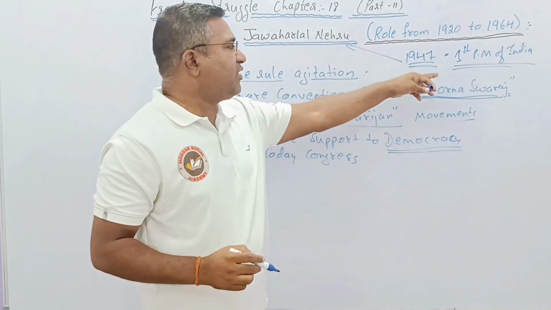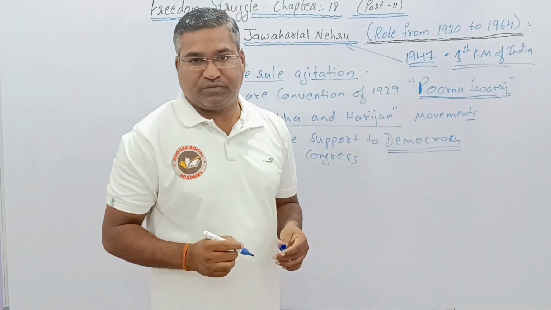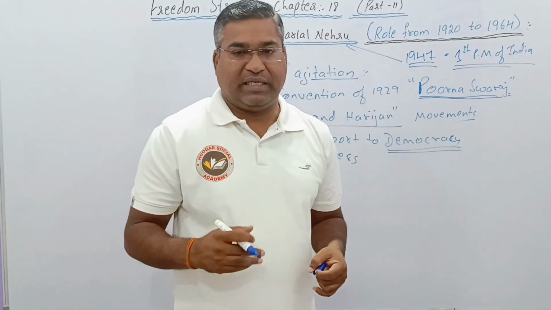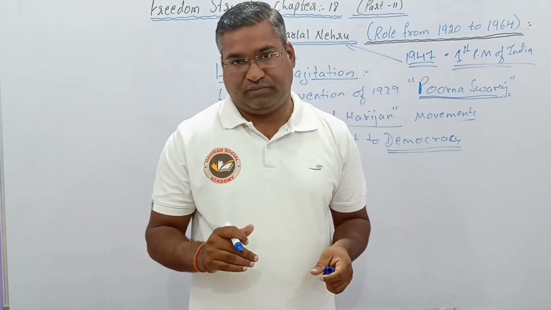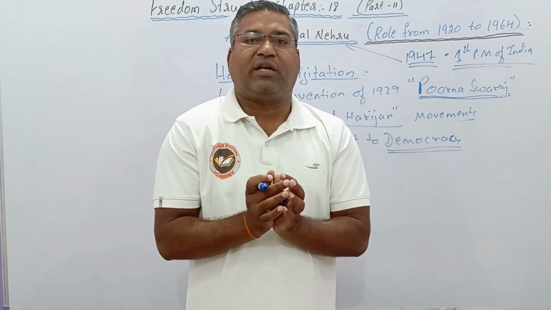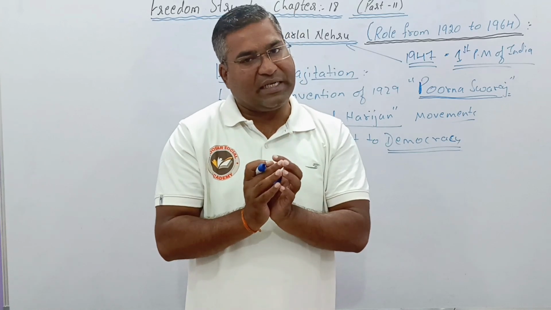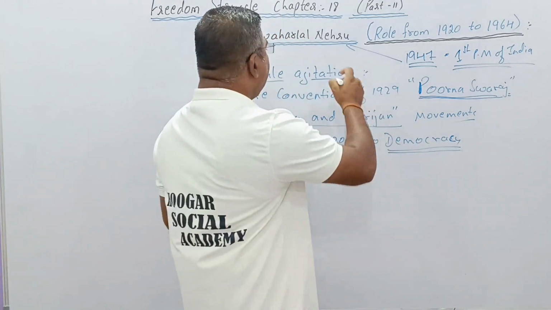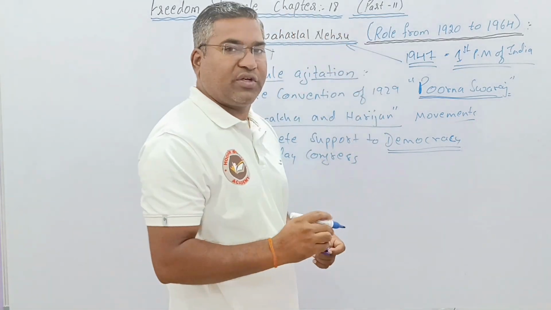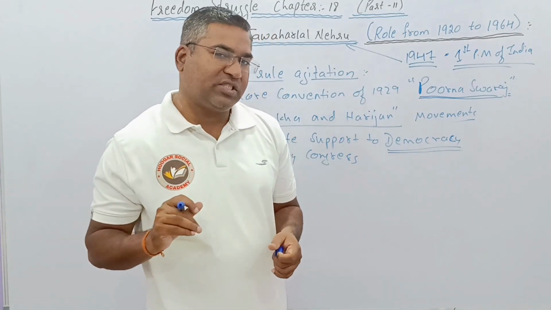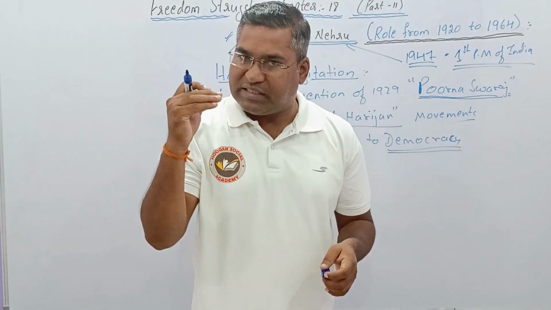He was chosen as the first Prime Minister of India after the British handed over the country into the hands of Indians. He was chosen by the political leaders as a leader, and he became the first Prime Minister of which country? Of India. Soon after he became the Prime Minister of India, there are a lot of achievements under his belt, right?